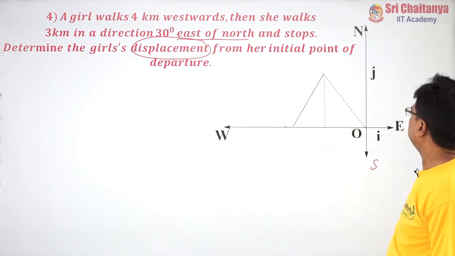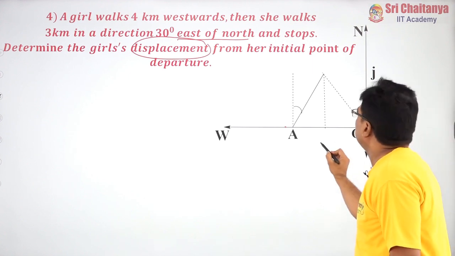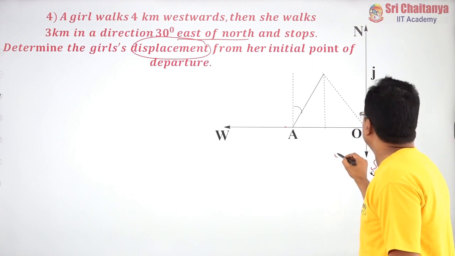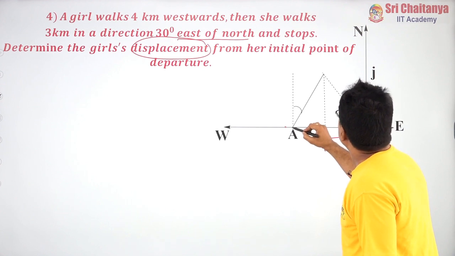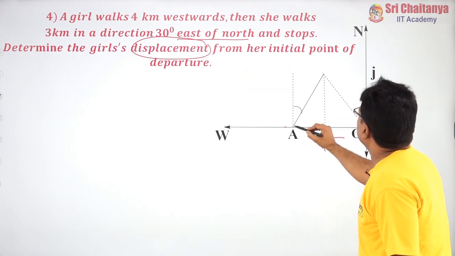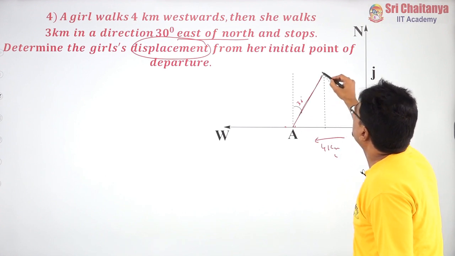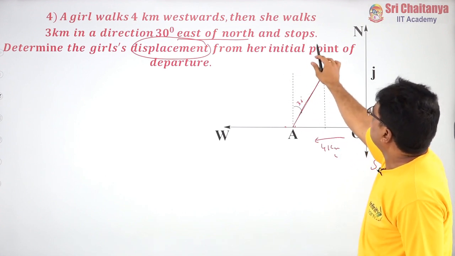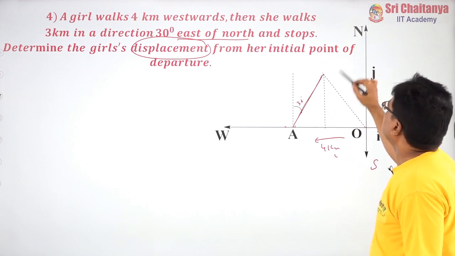See, this is the situation. She walked 4 kilometers in this direction, and after that, east of north 30 degrees she moved like this, and stopped here. Then I need to find her displacement.